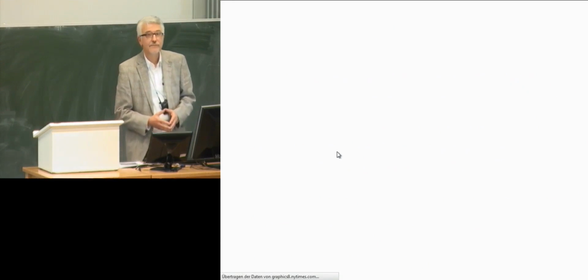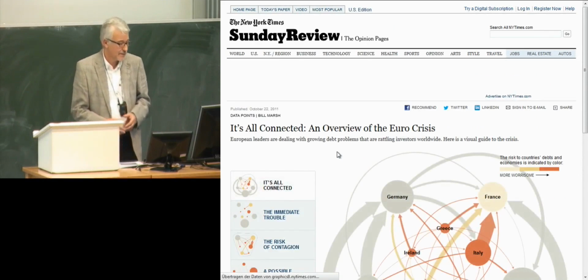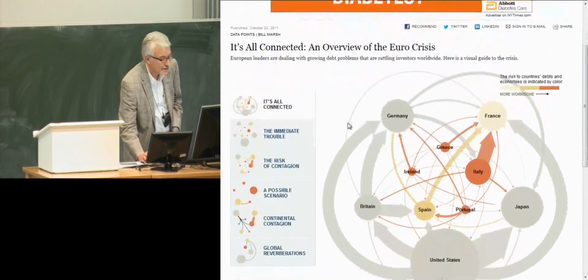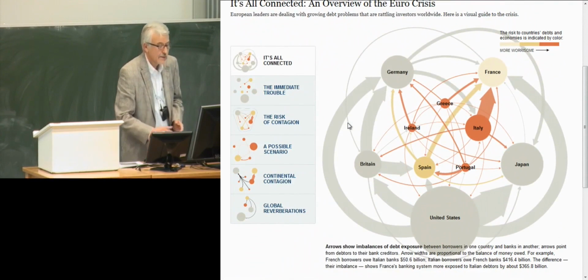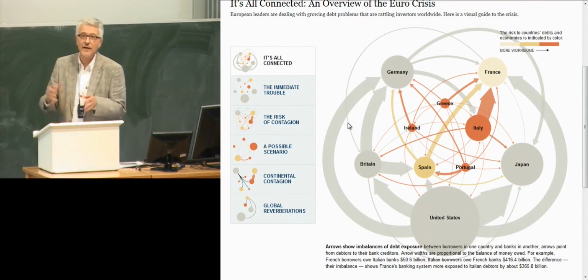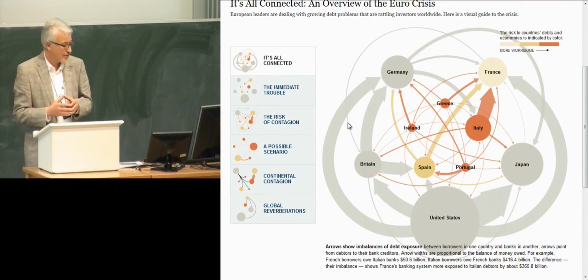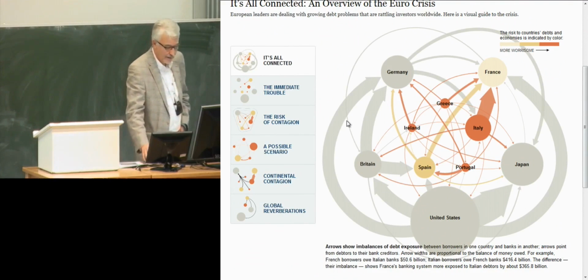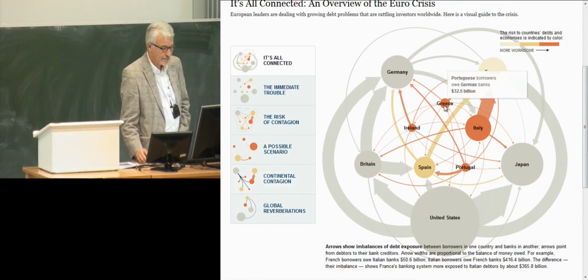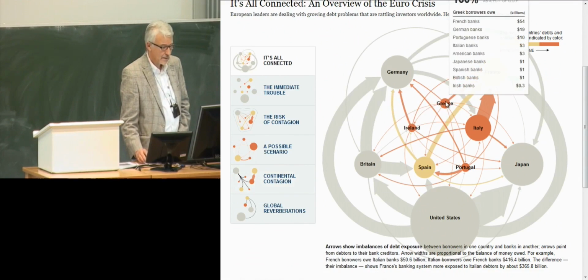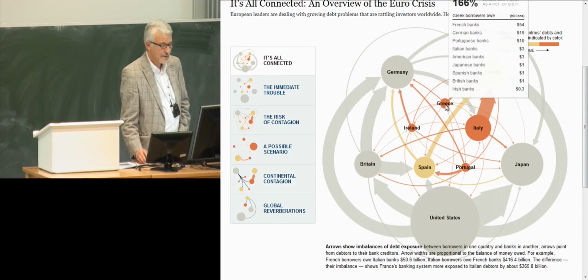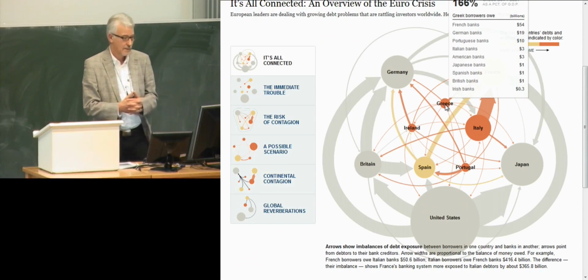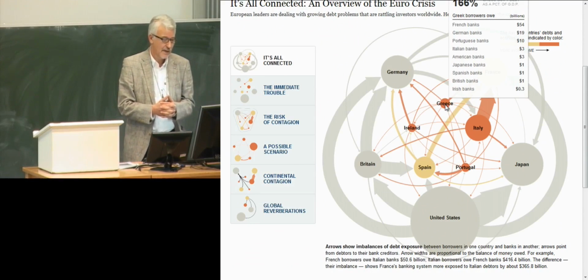We've learned about the indebtedness of the countries, but indebtedness is not the only problem. One of the major problems is the interconnection of national and regional economies. If you look here, for instance, Greece is indebted with a GDP debt ratio of 166%.